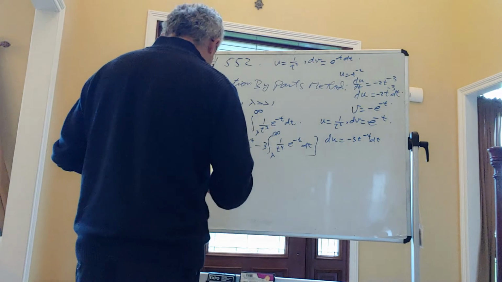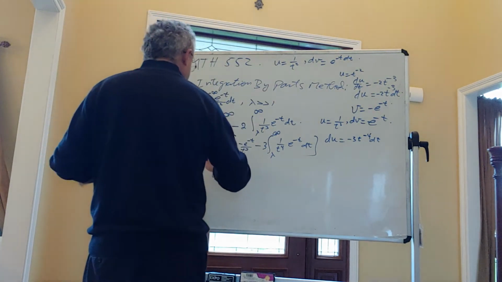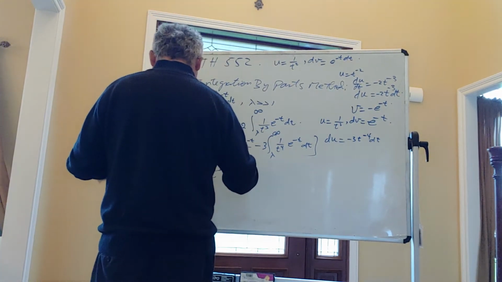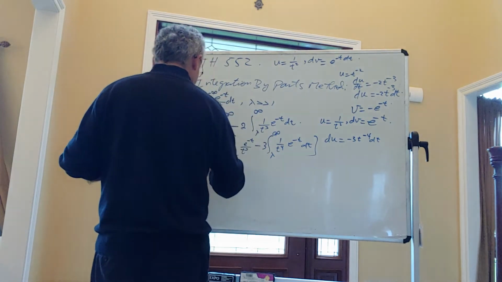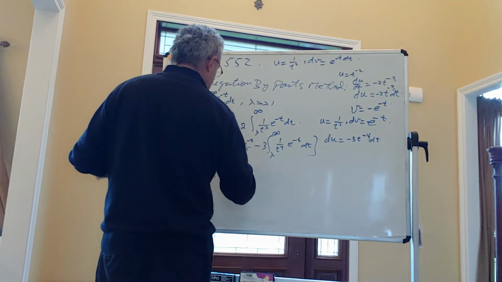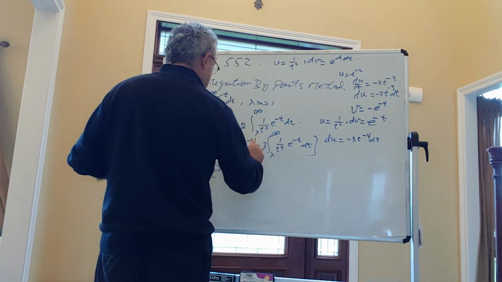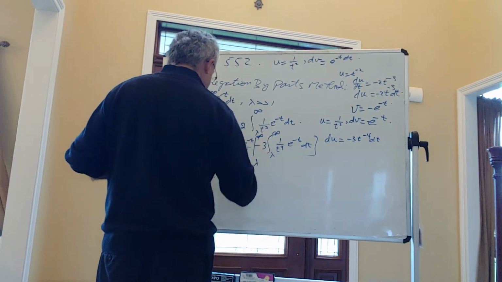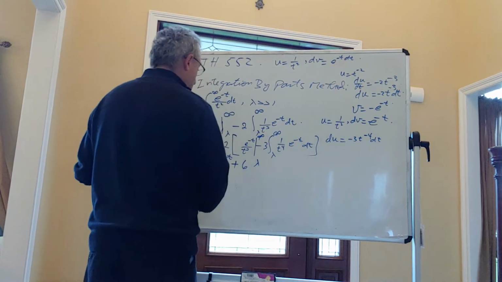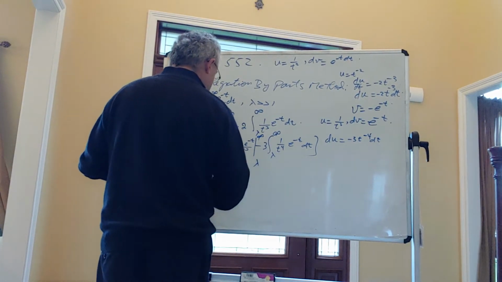All right, so this will be plus. So I have a minus here, so this is going to be minus, and then this is going to be plus 6. Again, this is lambda to infinity. All right, let's get it clear here.